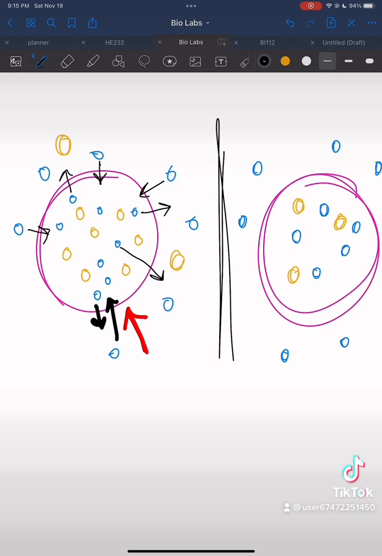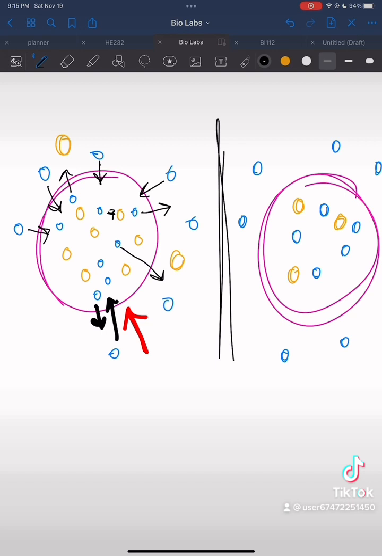So if one is moving in that direction, it's going to make its way to the membrane and then maybe get through. The water molecules on the inside are more obstructed, so they're less likely to fully interact with the membrane or move in the right direction, because they're being obstructed by these solute particles.